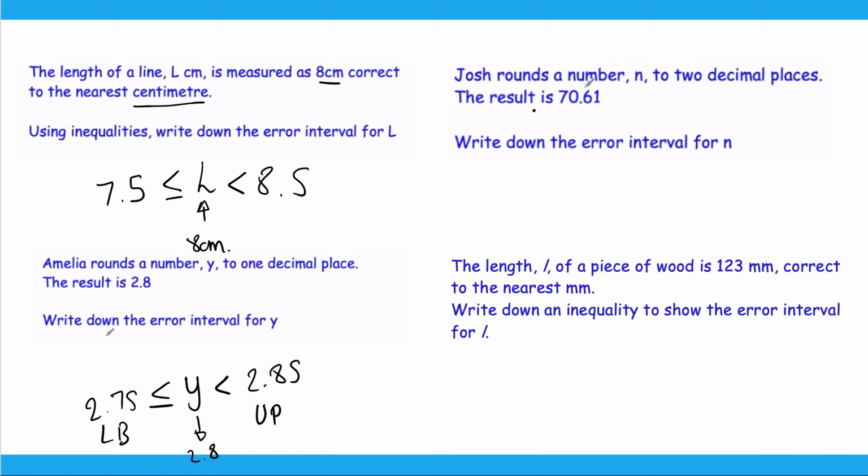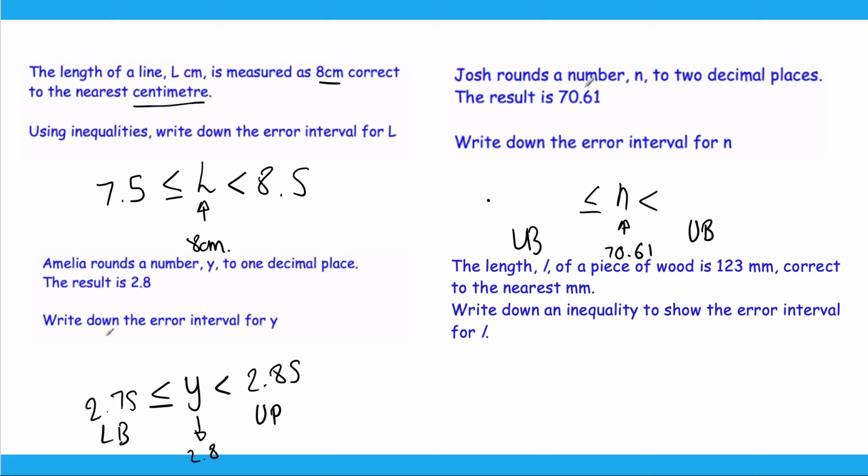Next question: Josh rounds a number n to two decimal places. The result is 70.61. You need to write down the error interval for n. We put our letter n in the middle, and we have our signs as normal, and we know that n is 70.61. We need to find the lower bound and the upper bound.